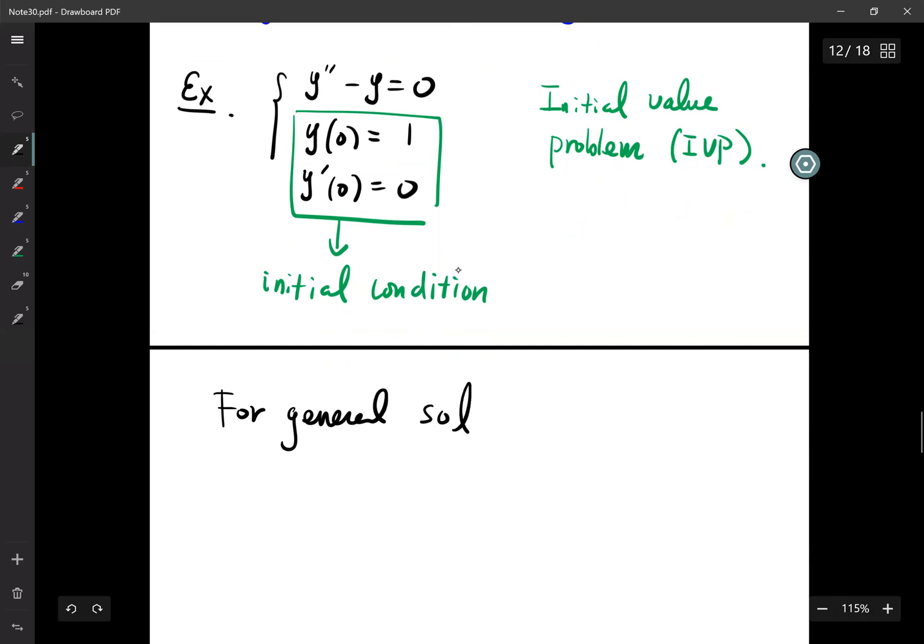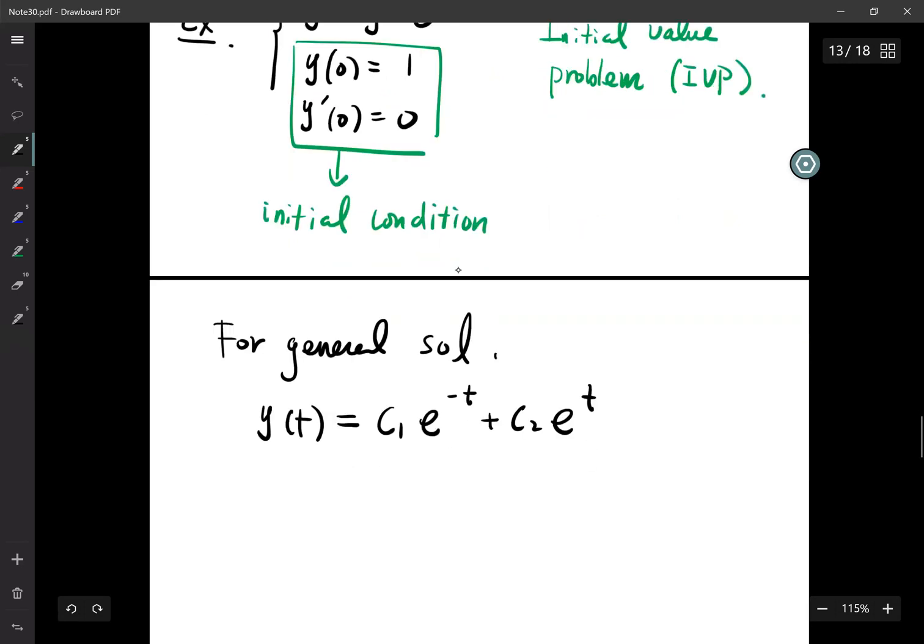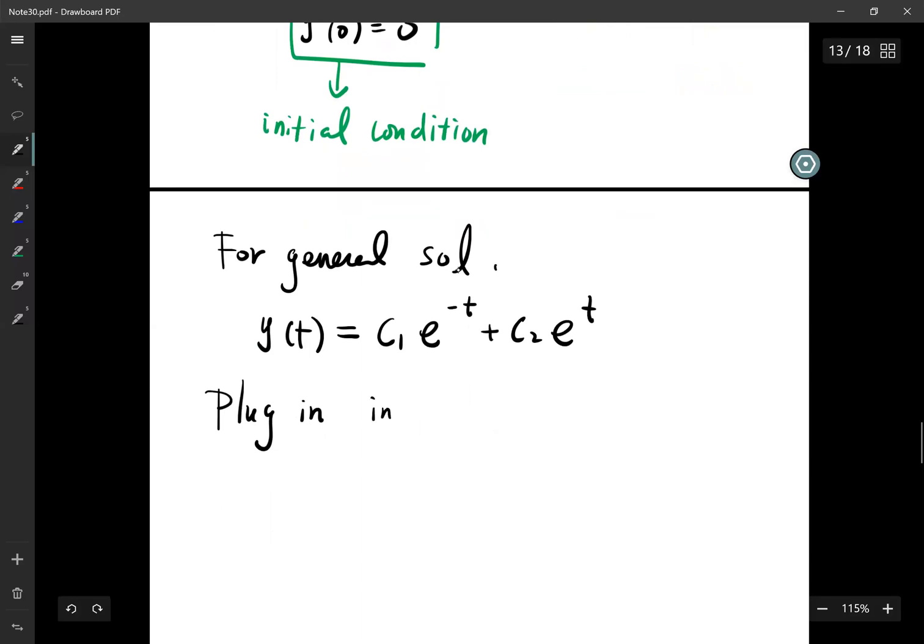So there's the general solution, and we have just seen that this is C1 exponential minus t plus C2 exponential t. Now I just plug in the initial values to determine C1 and C2. So y(0) is C1 plus C2.